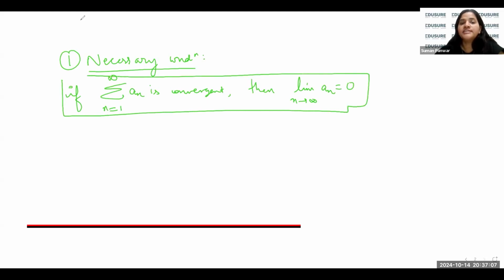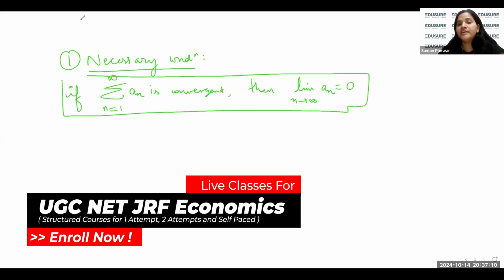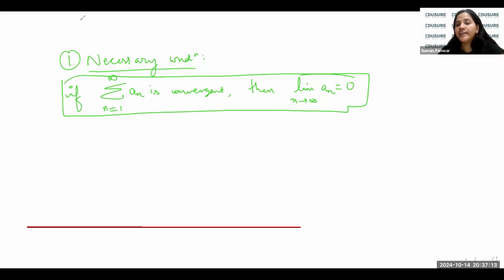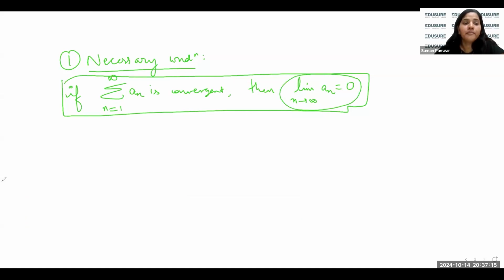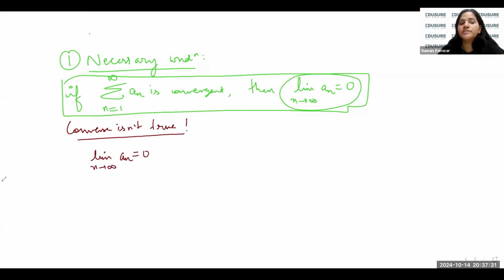But the converse is not true. What does it mean? It means limit n tending to infinity a_n equal to 0 may or may not imply that sigma n going from 1 to infinity a_n converges.